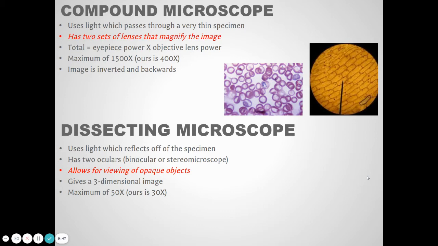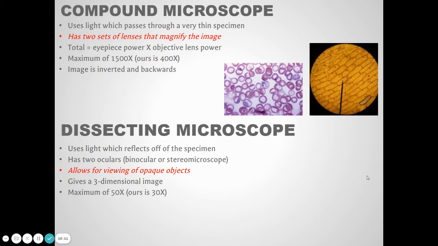So you could look at larger objects. When you look through the two eyepieces, it gives you a three-dimensional view of what you're seeing. You could see depth very well. And you could see opaque objects, thick objects, objects which light doesn't go through.